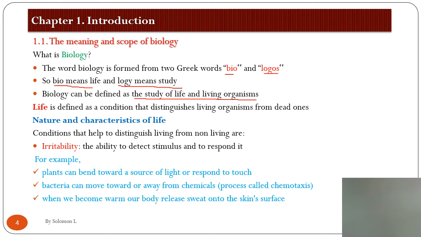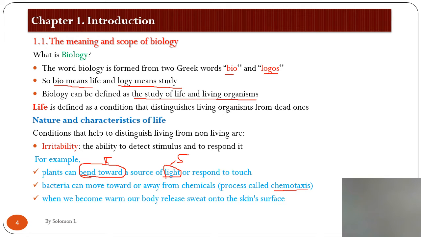Therefore, the light is the stimulus, whereas bending towards light is the response. This is the response, whereas this is the stimulus. Bacteria can move towards or away from chemicals. The process is known as chemotaxis.